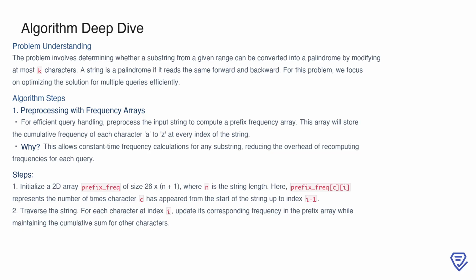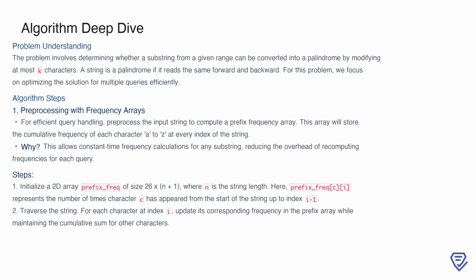To achieve this, we pre-process the input string using a prefix frequency array. This array helps us track the cumulative frequency of each character at every index. By doing so, we can quickly compute character frequencies for any substring without recalculating them repeatedly, saving significant time during query handling.